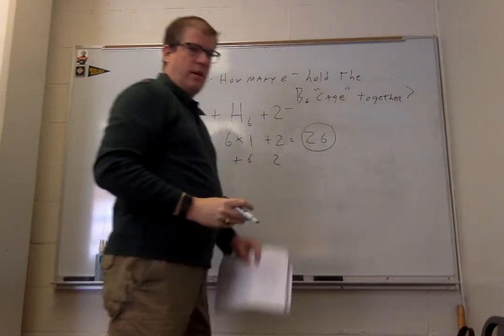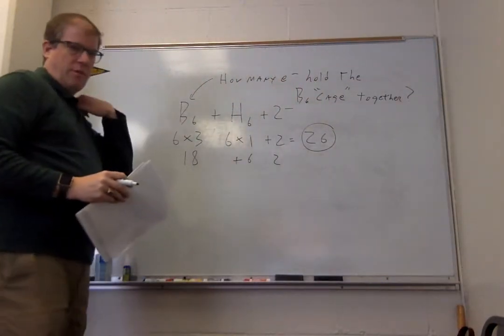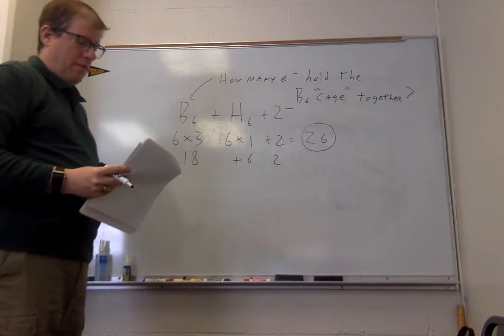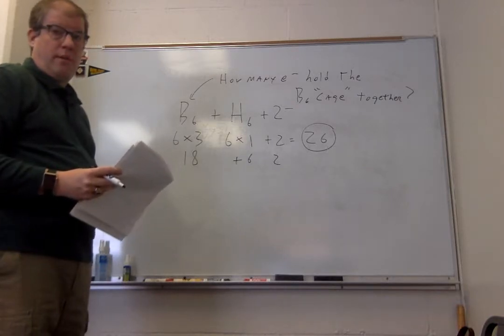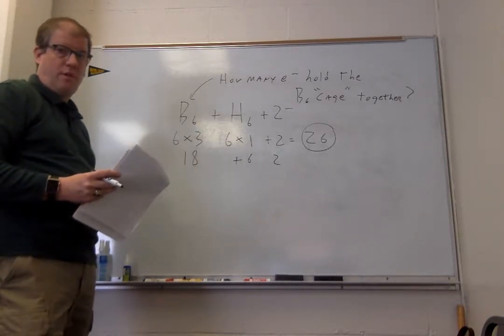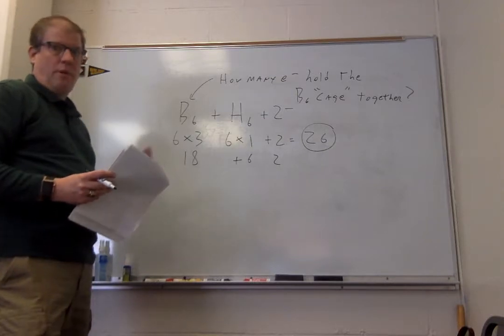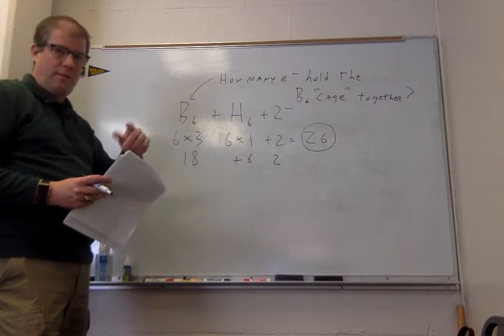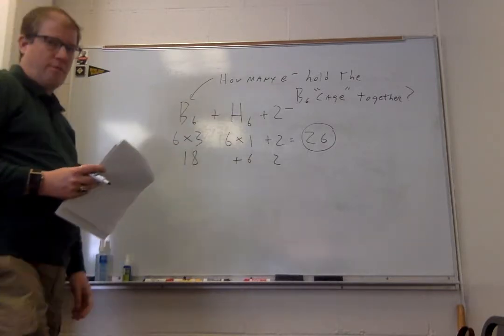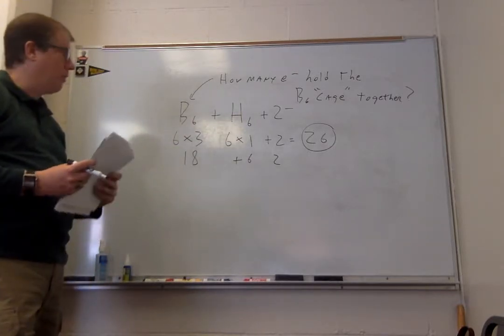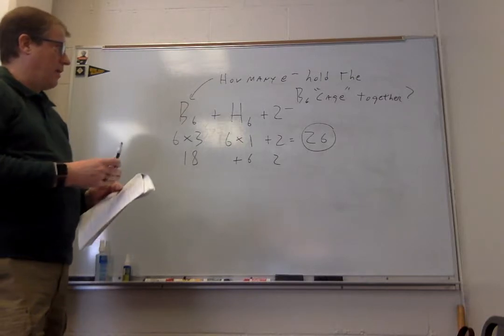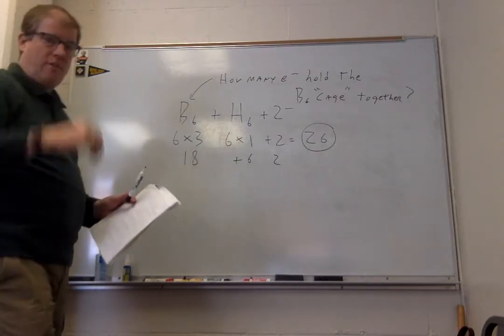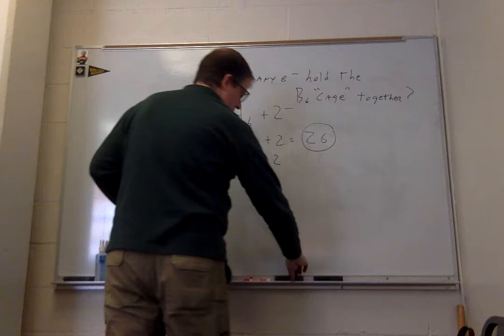Together. So our magic number, our total number, is 26. Based on what you're about to see, this will allow you to determine that this is a closo structure. Of course, you actually already know that, because if you remember that BnHn 2- is closo, you don't have to apply any formulas or anything like that to figure this out. So how many electrons hold that B6 cage together? That's the next question we've got to answer.